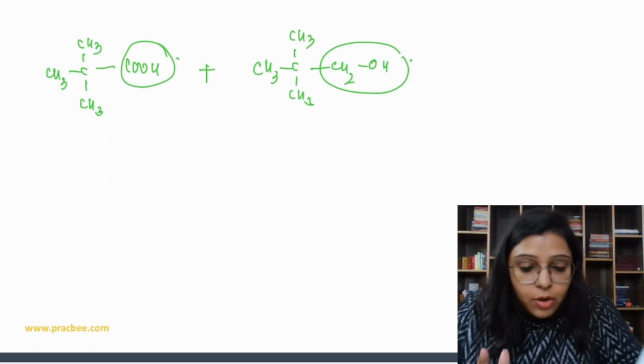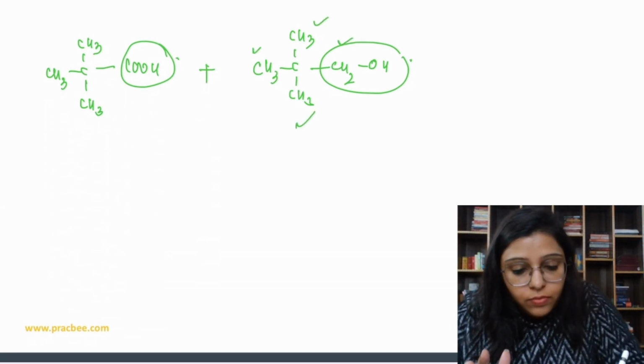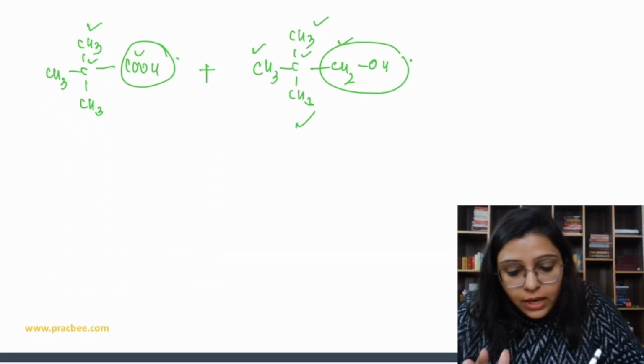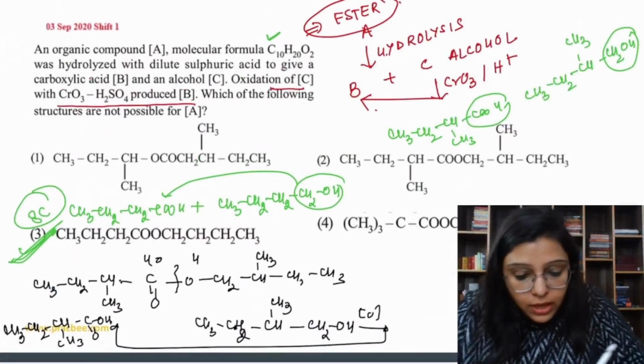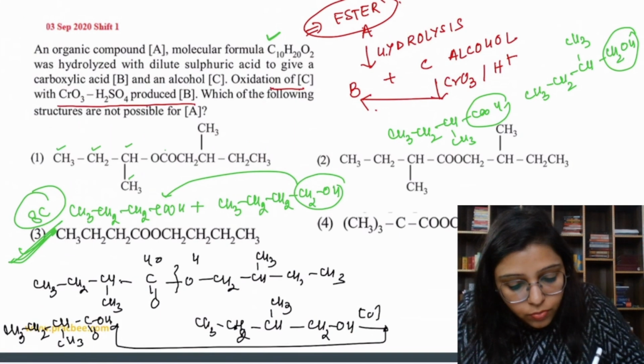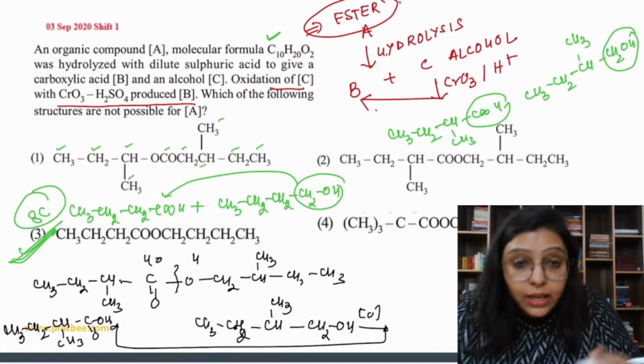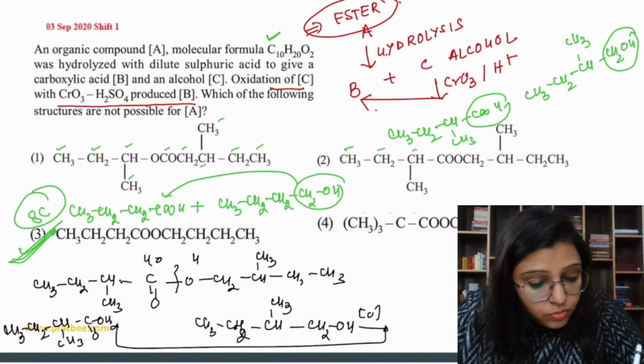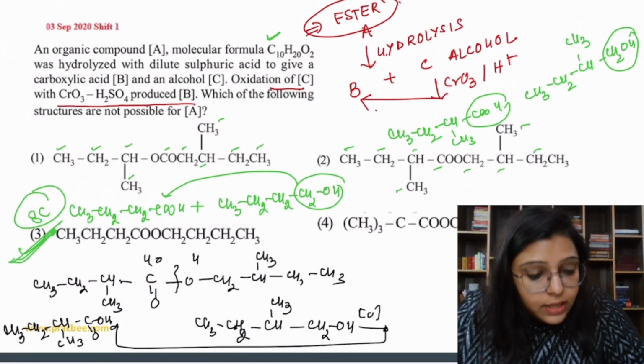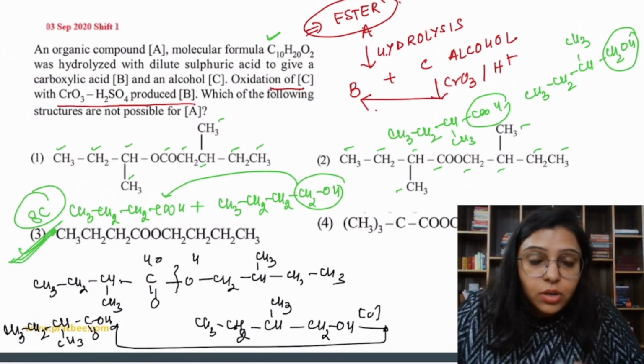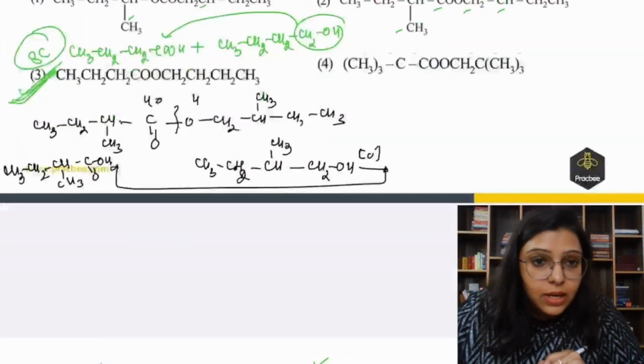So here also, how many carbon atoms do we have? 1, 2, 3, 4, 5, 6, 7, 8, 9, 10. So this can be true, and the same count of 10 holds for the other options. Right. So the third option is not true. Why? Because we have 8 carbon atoms.